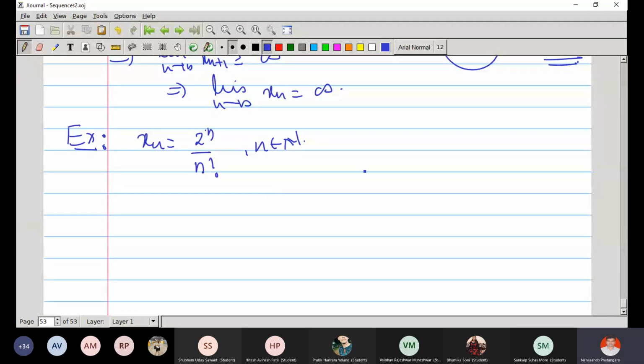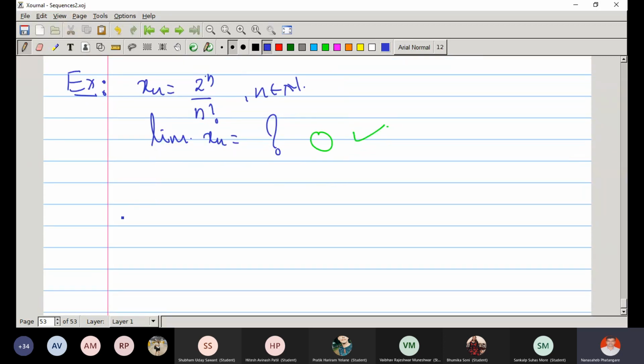What is the limit of this sequence? We have already discussed: 0. So the limit is 0, which we already discussed by some other technique. But what technique am I going to use here? Is it a sequence of positive numbers?